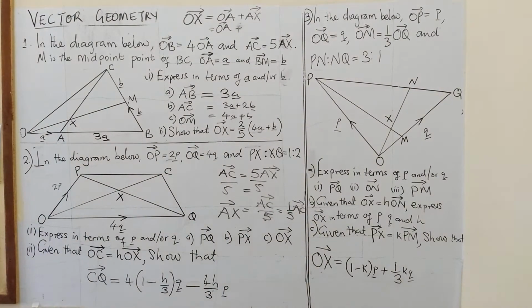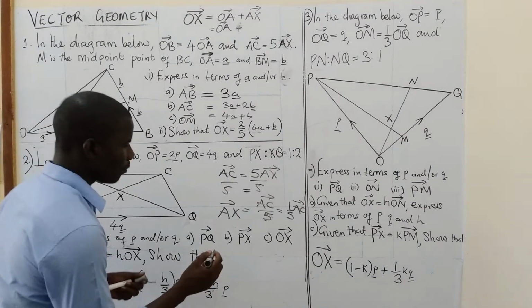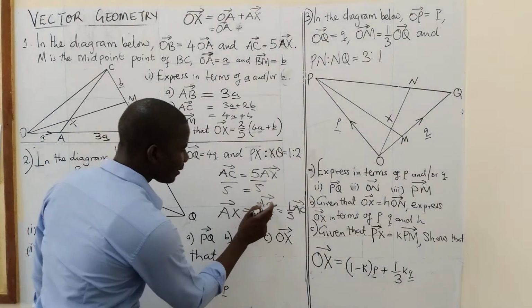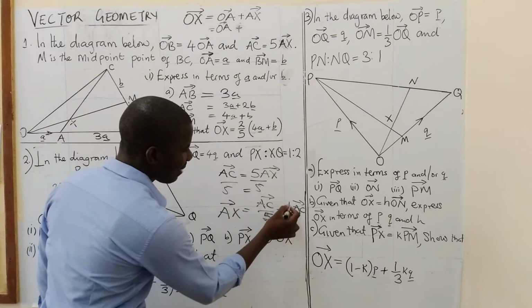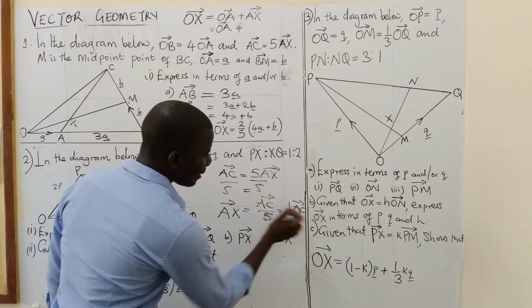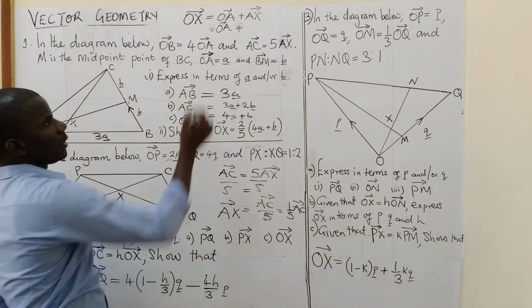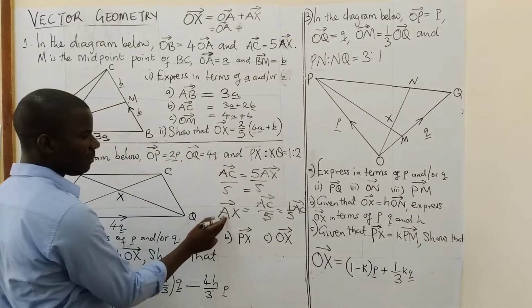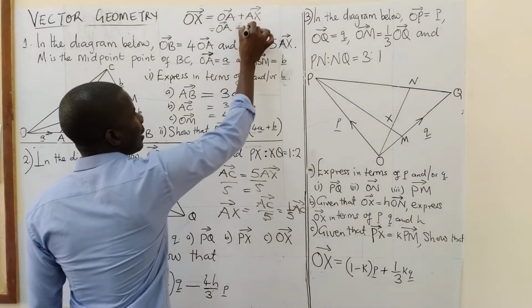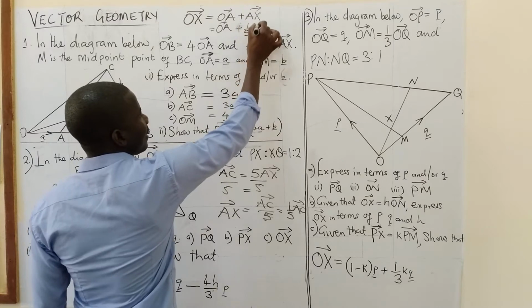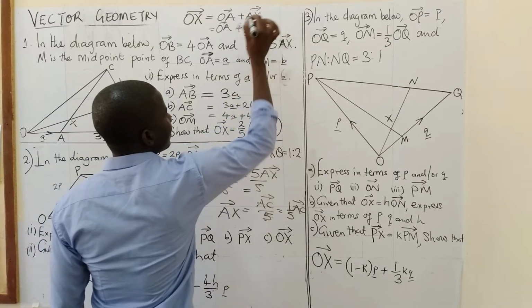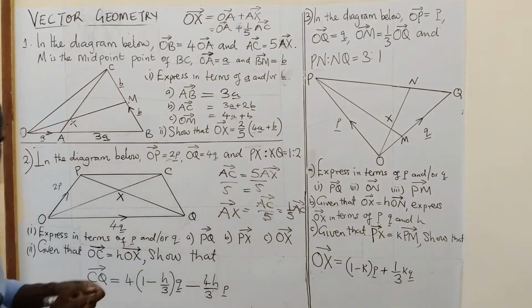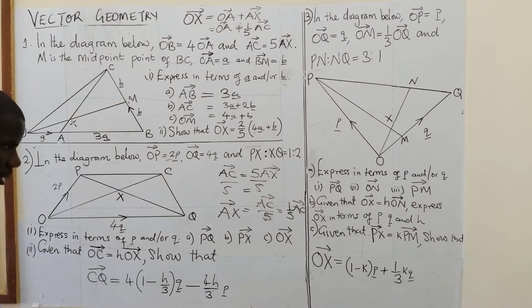So we are saying AC over 5 is the same as 1 over 5 AC. So this is what we are going to write here. AX is the same as 1 over 5 AC. Alright?